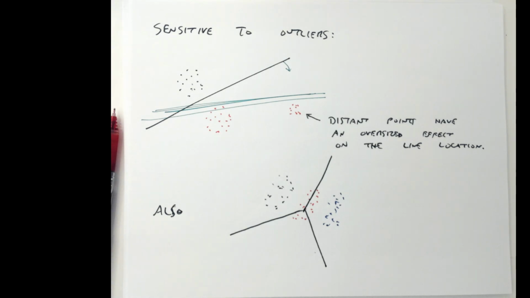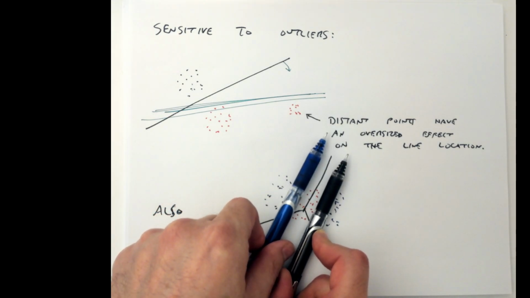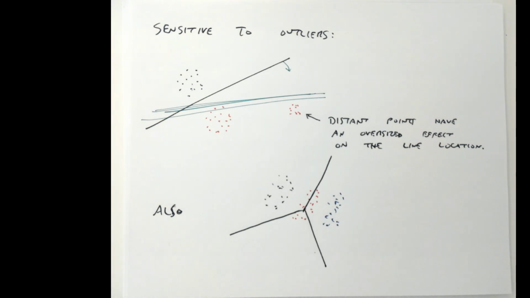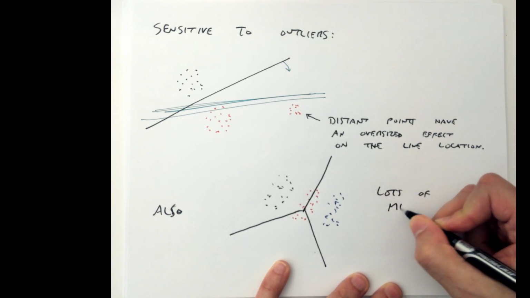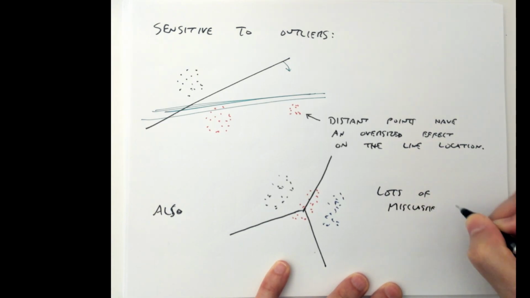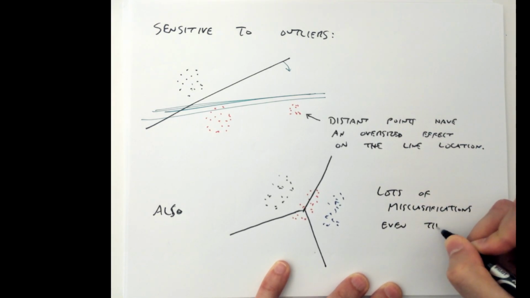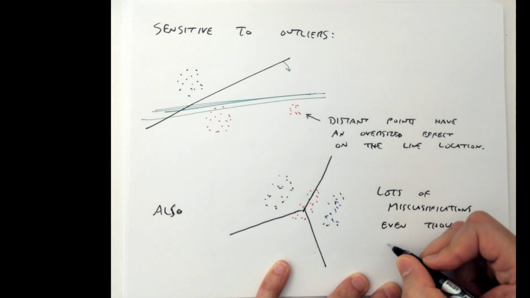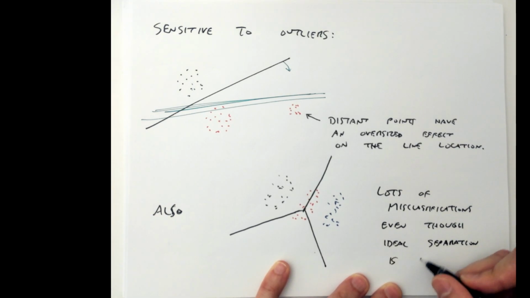Even though there's a great linear discriminant. If I draw just two lines like this, they will ideally separate the data. Linear regression is not going to find that. It's going to do something more like this. So the result is lots of misclassified points, even though ideal separation is possible with lines.